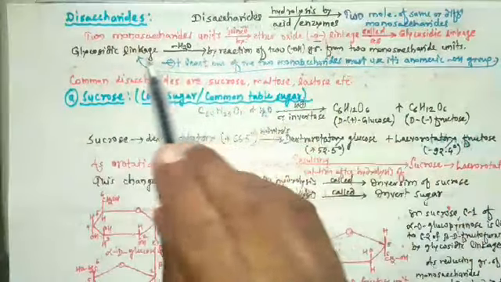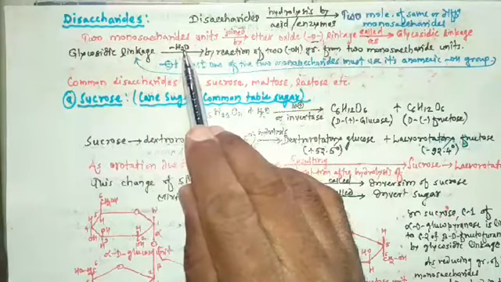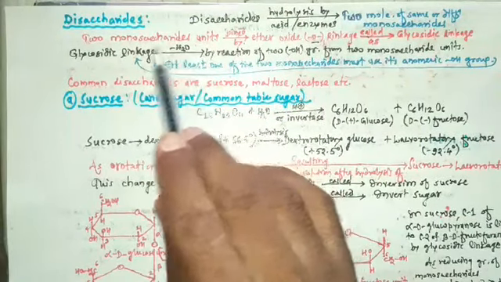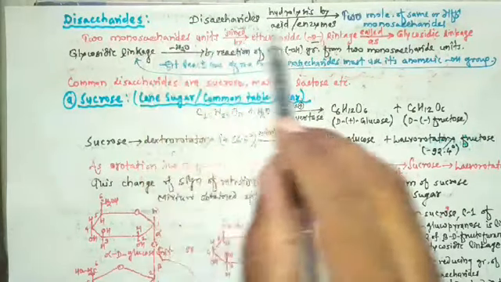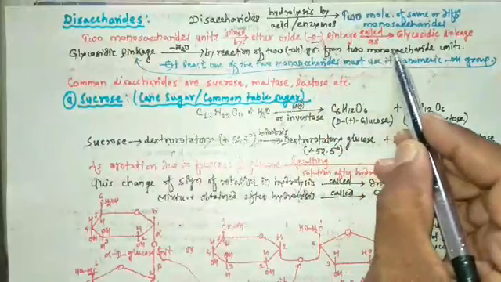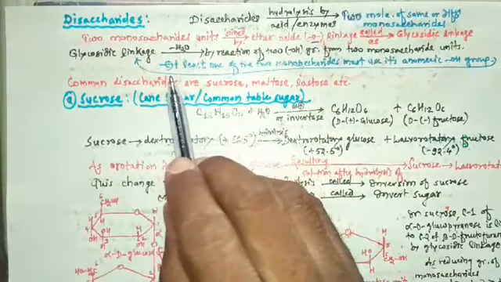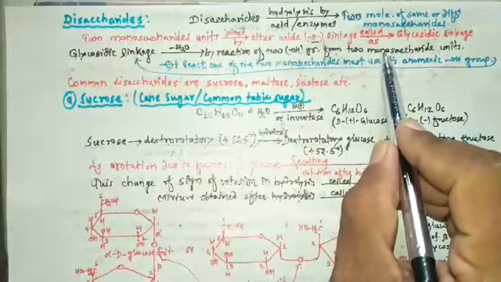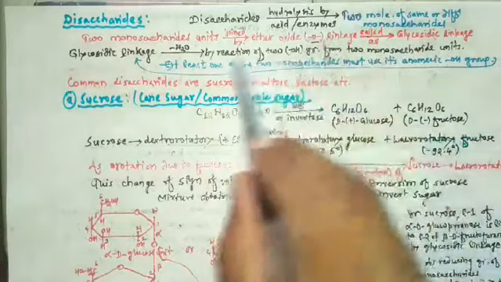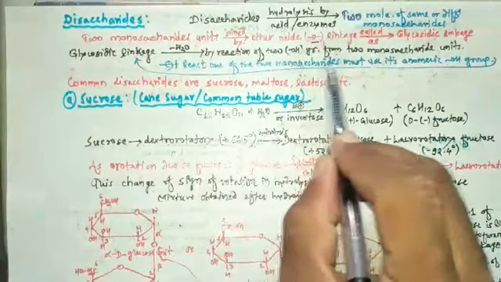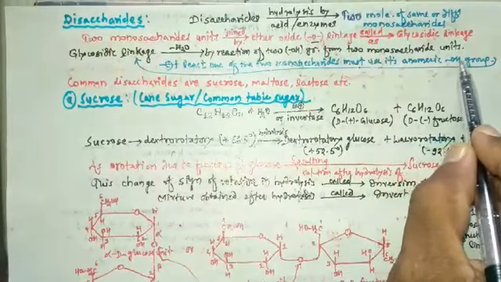Among these two monosaccharide units, at least one must have an anomeric hydroxyl group.